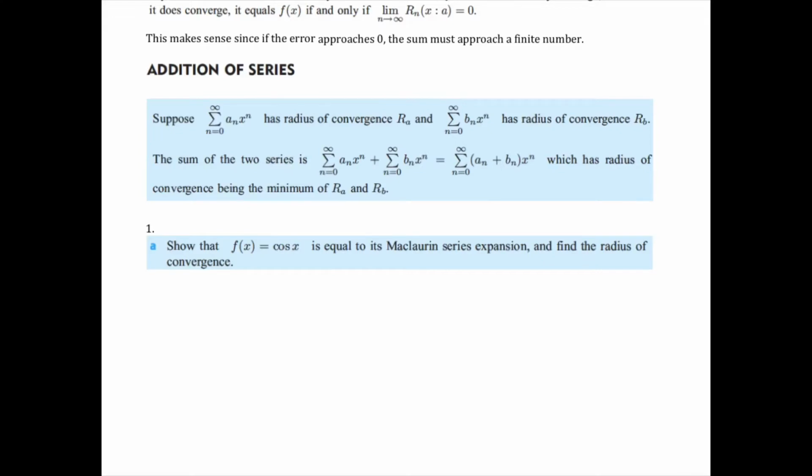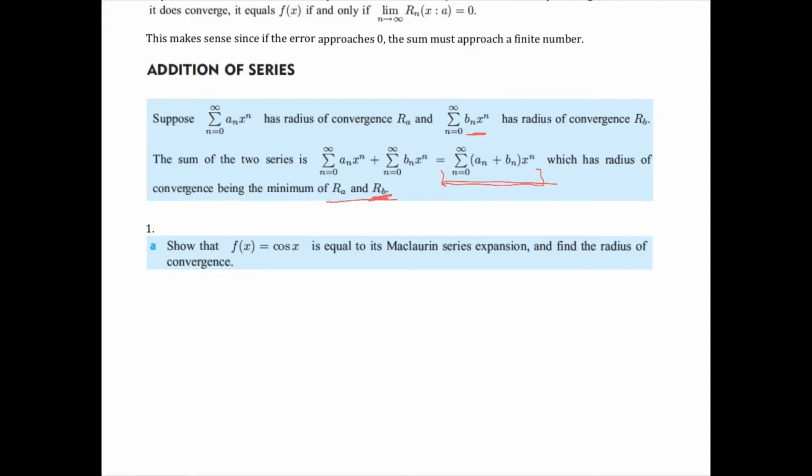Then the sum of the two series, a_n plus b_n, which can be rewritten with x to the n taken out, has a radius of convergence of the minimum of R_A and R_B, in other words, the smallest one. That makes sense because, for instance, if R_B is smaller, this one B only converges for R_B, then the whole thing is only going to converge for the smaller one, which is R_B.